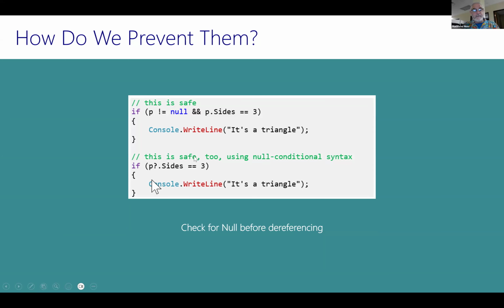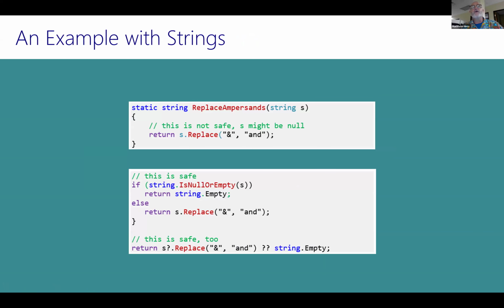So here's an example with strings. In that case, I was using an object, polygon, but strings are also reference types. They're pointers, basically. They have some special implementation and special behaviors that make them feel and work a little bit like value types in certain ways, but they can be null.